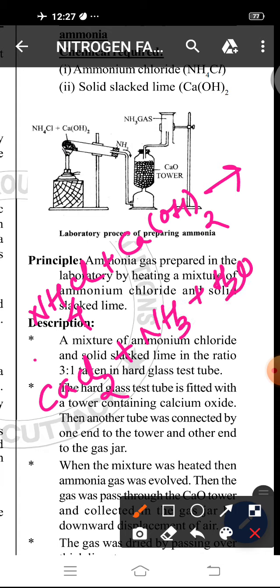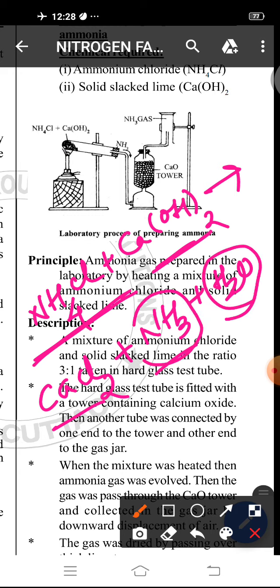So by reacting ammonium chloride with calcium hydroxide, calcium chloride, ammonia and water are formed. In this case ammonia is a gas, so in this process ammonia gas is collected.